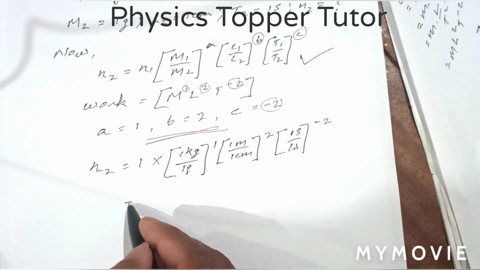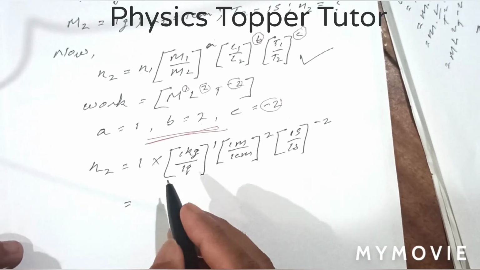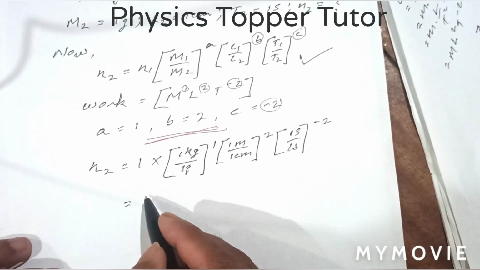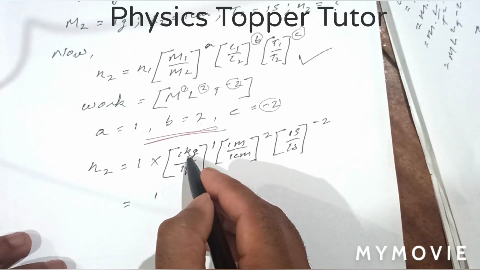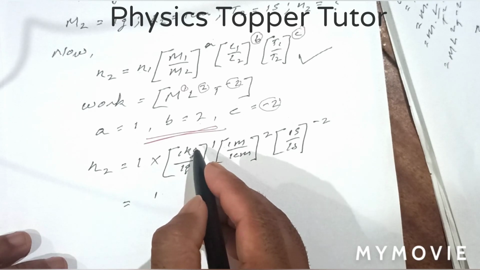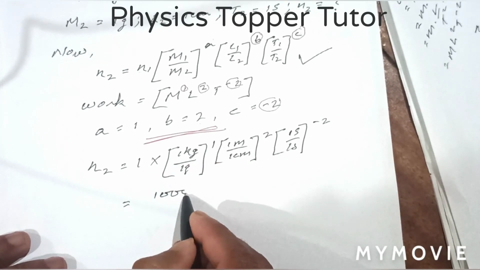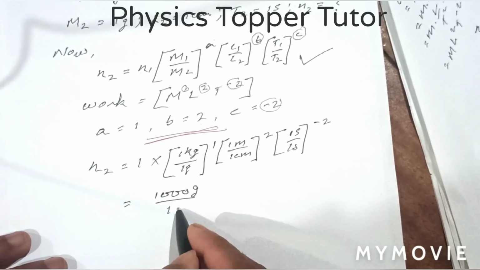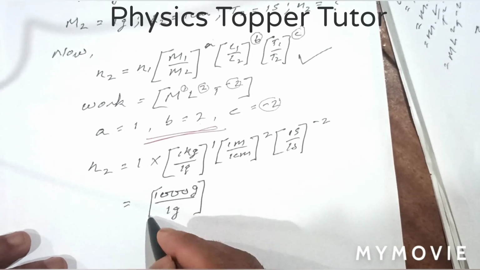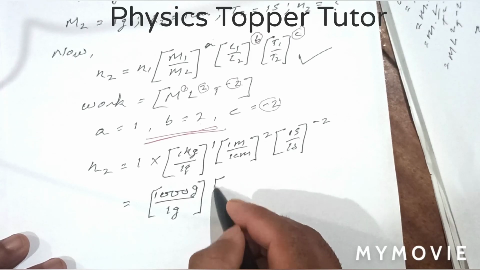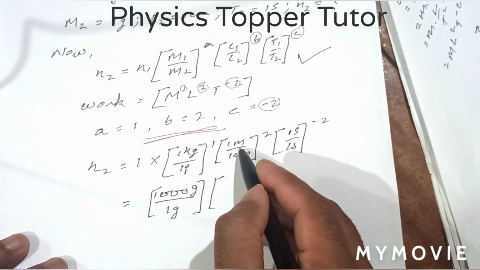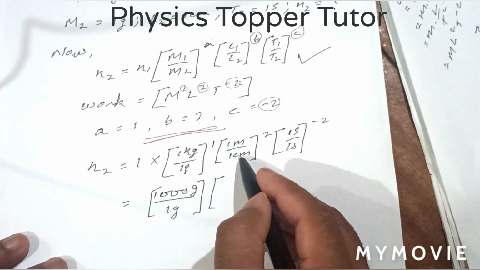Okay, like this. Now no need to write 1. So 1 kg equals how many gram? 1000 grams, isn't it? 1000 gram by 1 gram, and there is only the power is 1, and here 1 meter equals 100 centimeter, isn't it?